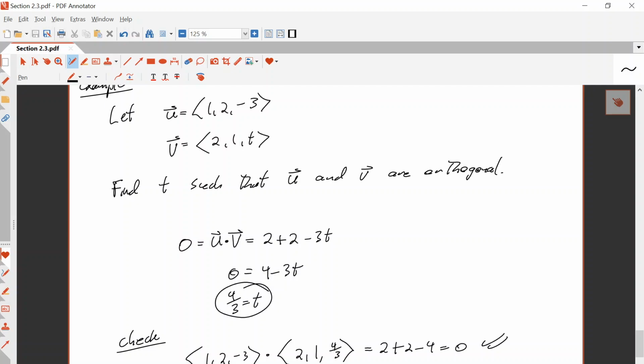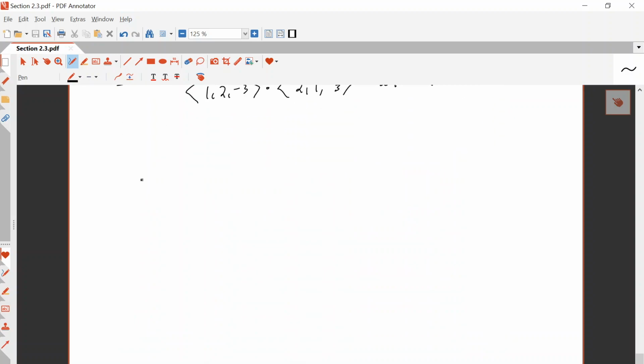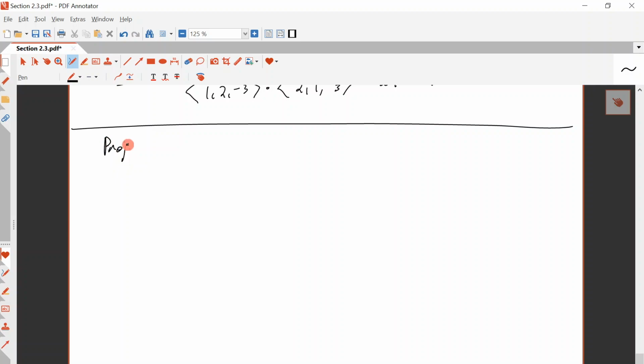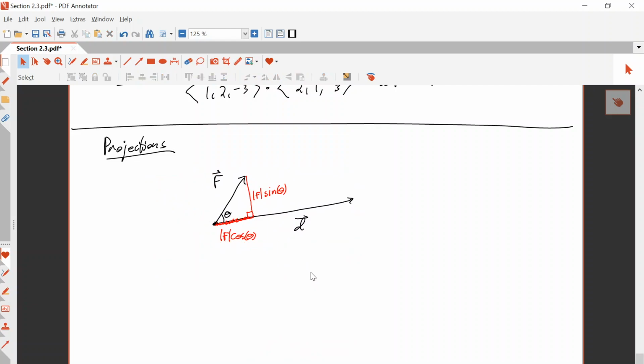All right, final topic in this section. Projections. Let's go back to that picture of those two vectors from before, f and d.